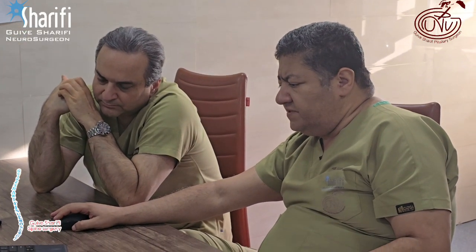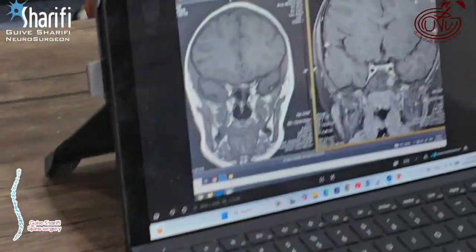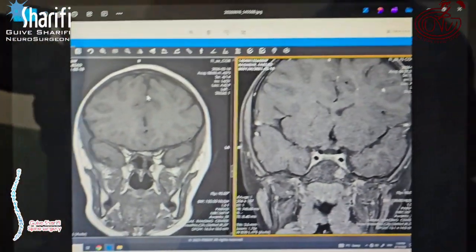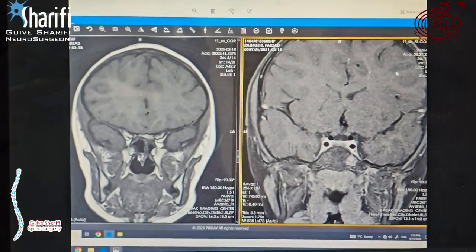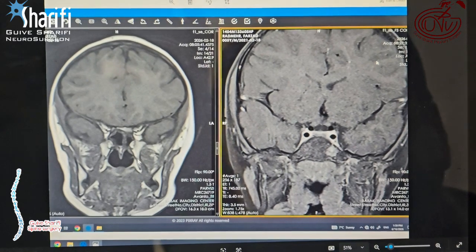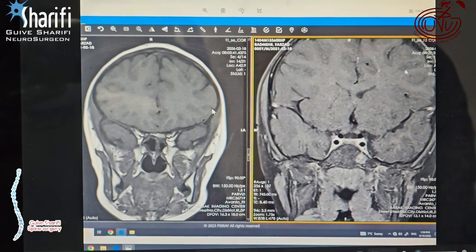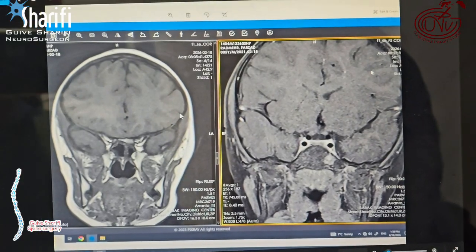Dr. Akbari will tell about the symptoms and what we see. This is our patient, a 6-year-old boy with anisotropia of the right eye. Please tell us about the anisotropia. It means the directions of both eyes are not the same.